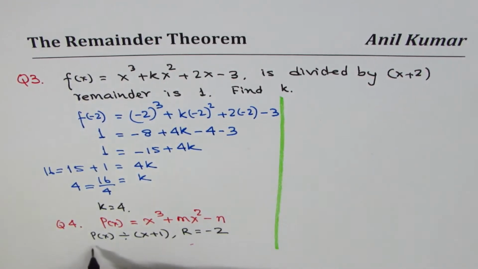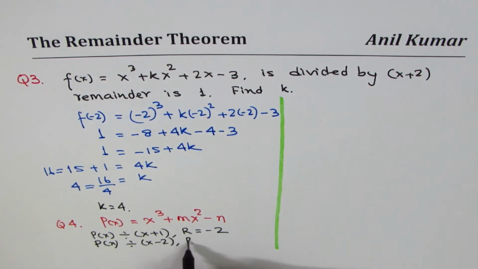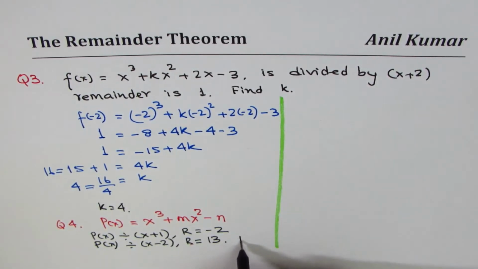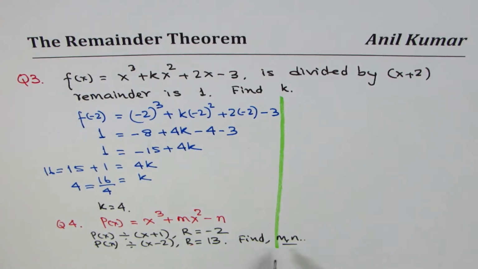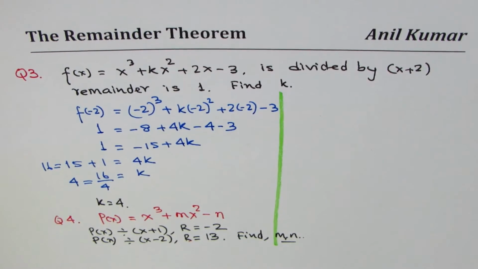I'm writing in short. And when you divide this polynomial by x minus 2, the remainder is 13, right? Remainder is 13. The question is to find m and n, right? So that is the question for you. You can always pause the video, answer the question, and then look into my suggestions.